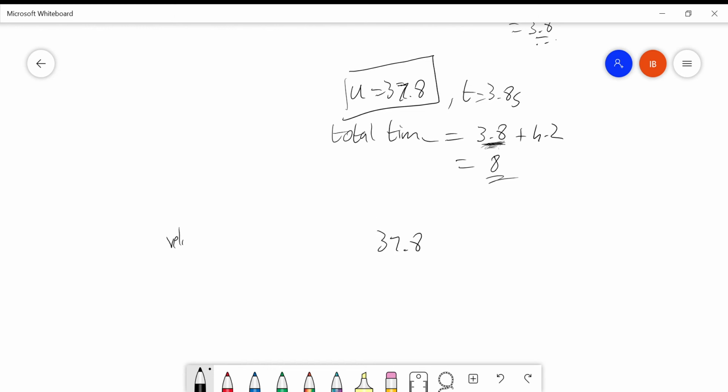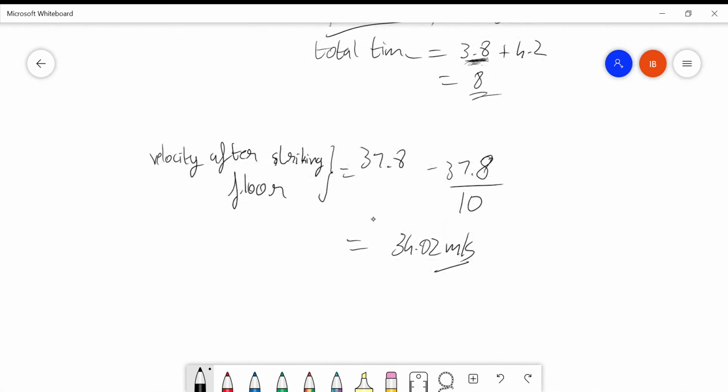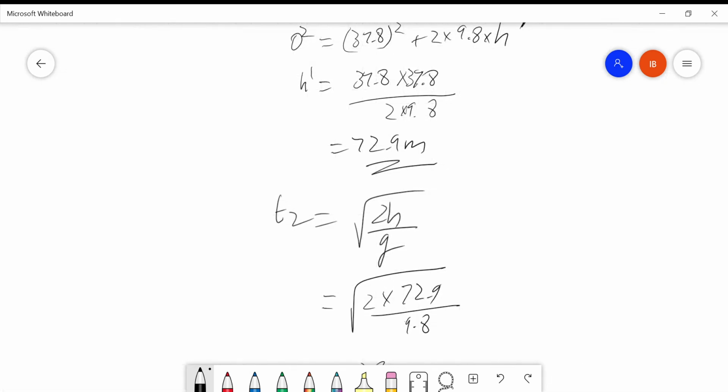Wait, velocity after striking the floor is equal to 37.8 minus 37.8 divided by 10. So solving this we get 34.02 meter per second. It's the same thing as here.